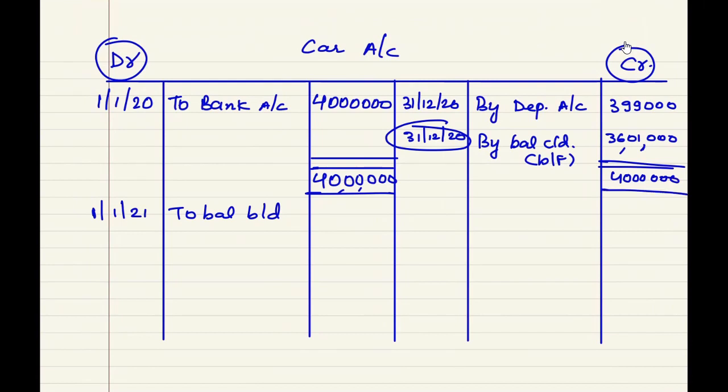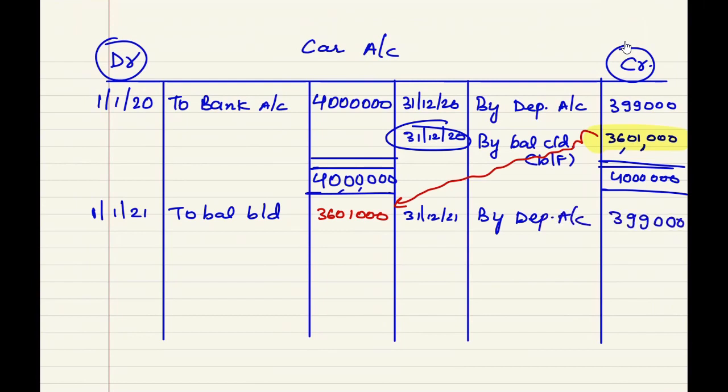This balance will now be brought down over here. It will be 36 lakh 1,000. Now again depreciation will be charged on 31st of December 21 by depreciation account. How much? The same amount, because it is the straight line method.